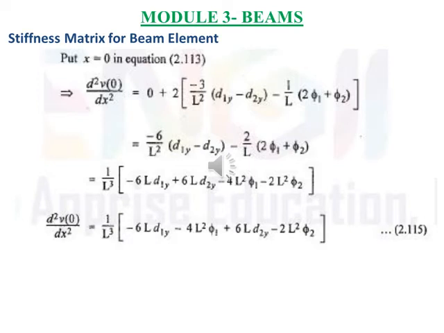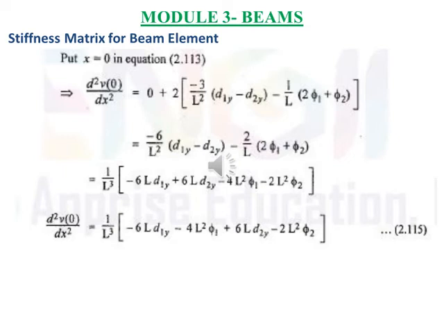So I can further rewrite it as 1 by L cube into minus 6L d1y plus 6L d2y minus 4L square phi 1 minus 2L square phi 2. So the term 1 by L cube, I am taking it common outside, and inside I am multiplying the L term wherever it is not available.